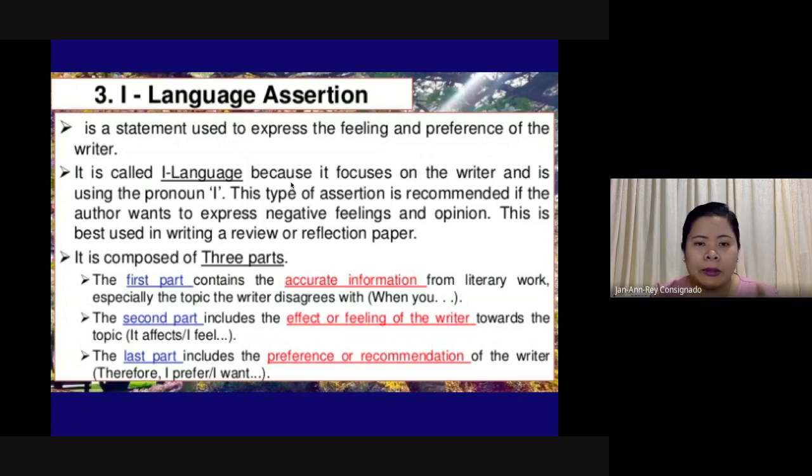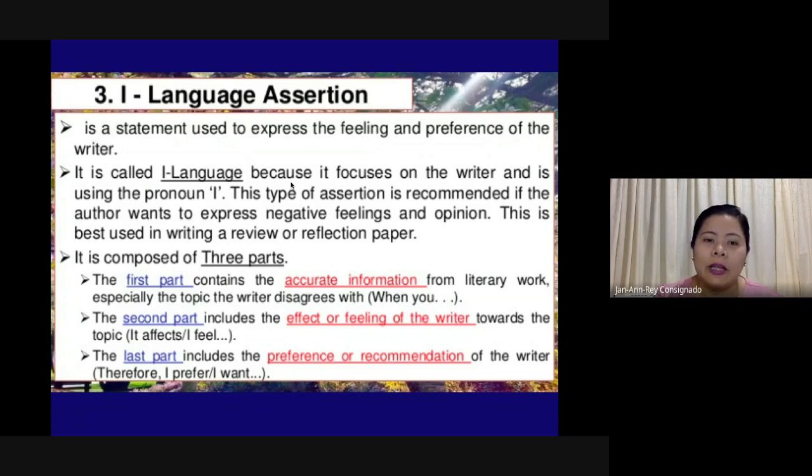The second part includes the effect or feeling of the writer towards the topic. It affects, I feel. And the third part, the last part, includes the preference or recommendation of the writer. Therefore, I prefer, I want.